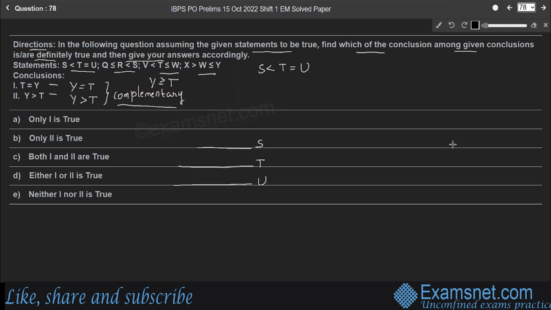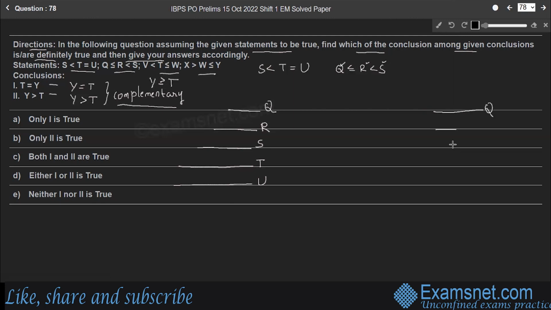And the next part, q less than or equal to r less than s. So consider s and r relation. R is less than s. We'll consider a small line r which is less than s and q less than or equal to r. Therefore, we have two cases here. Q less than r or equal to r. So in the second case, q is equal to r.